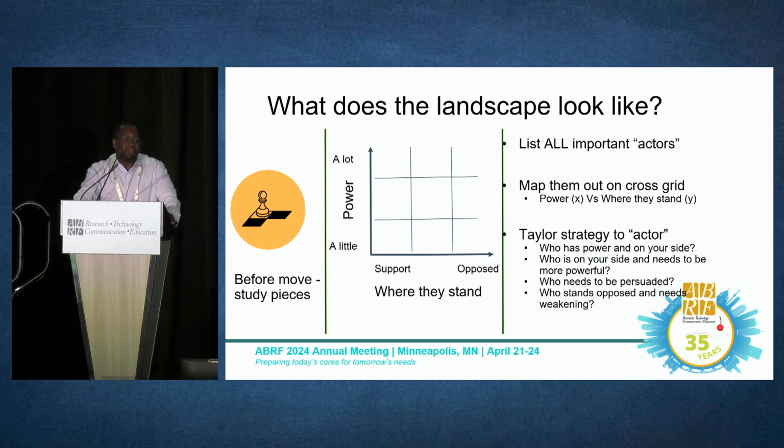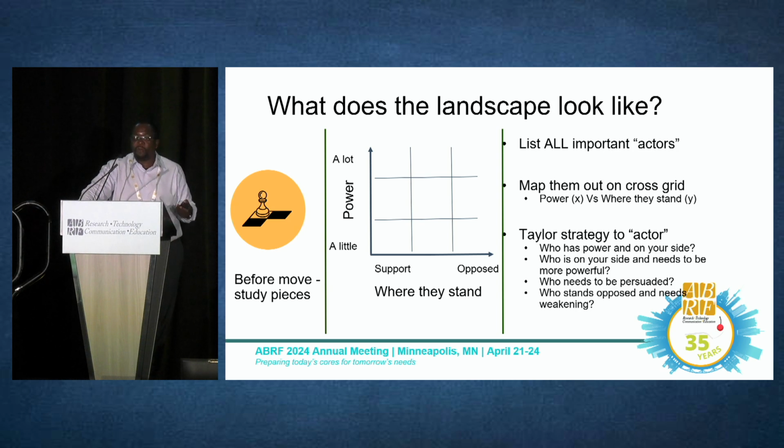So with the whole team, you list all the actors. You map them on a grid. You have to decide who is on our side and how much support, how much power do they have, and who is opposed to us and how much power do they have. So that is very, very important, because you need to act to make sure that you get all the people who are supporting you on your side.